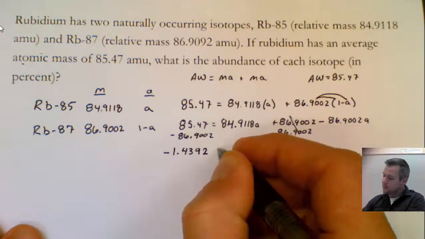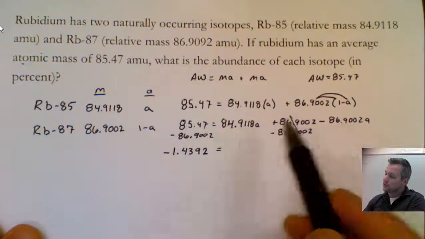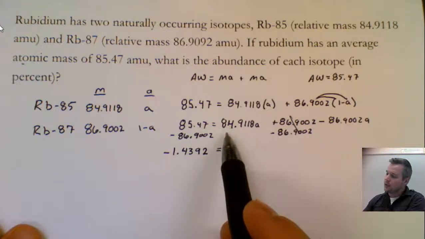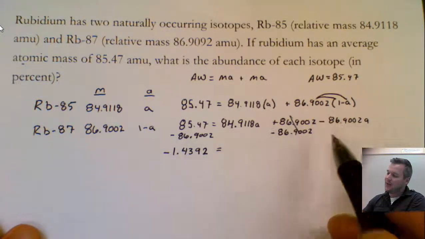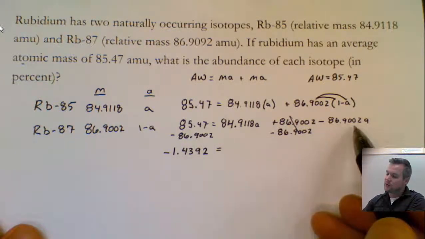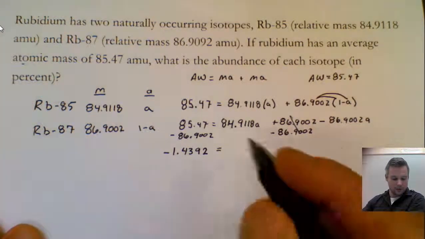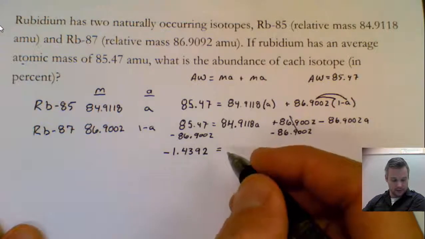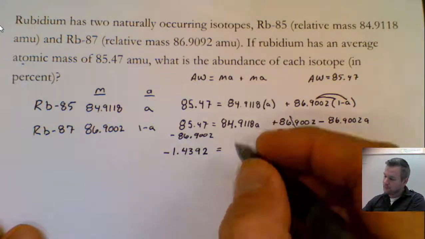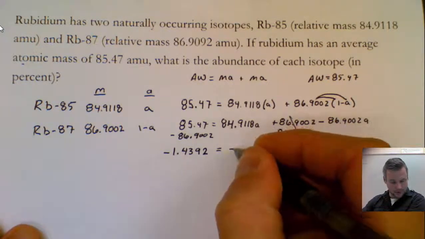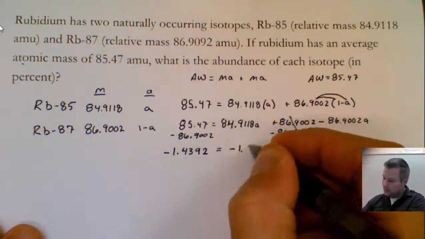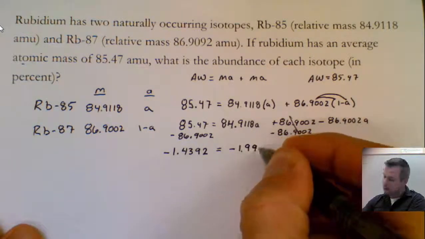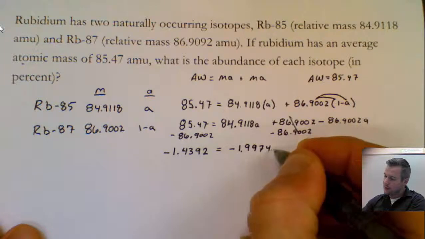And that's going to be equal to these two put together. So I have a positive 84.9118A, and then I have a negative 86.9002A, which results in a number something like this. Negative 1.9974A.